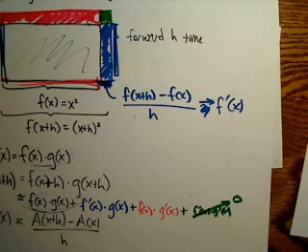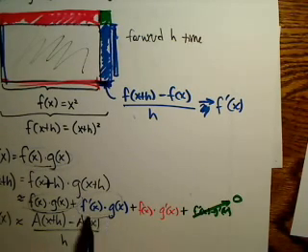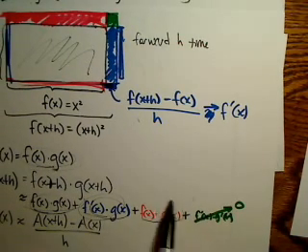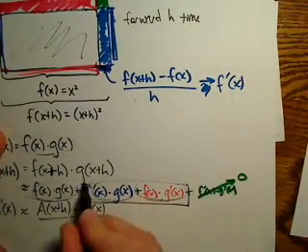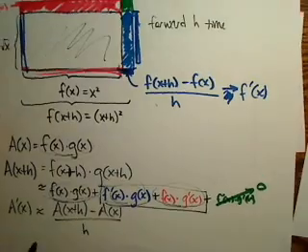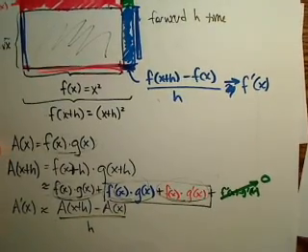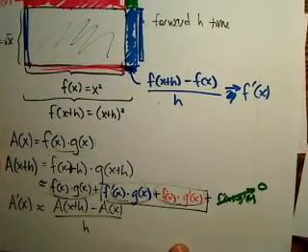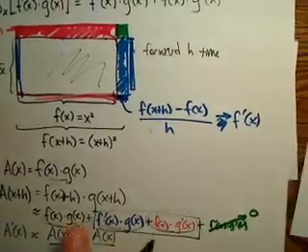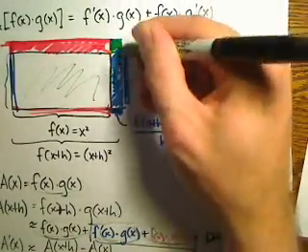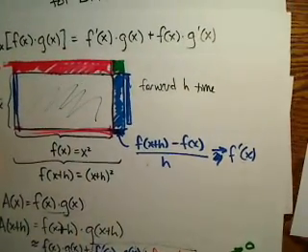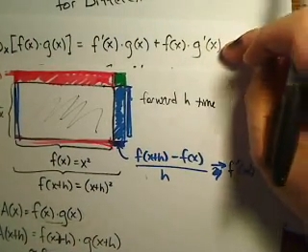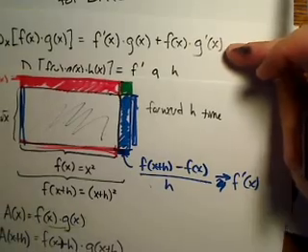And all I'm left with is the f prime times g of x and the f times g prime of x. And so in the end, that's the part that matters. This can all be done rigorously with h going to 0, but it's not really worth doing it now. It comes down to the way that areas get added, though, is the long and short of it. That's why it ought to be as weird as it is.